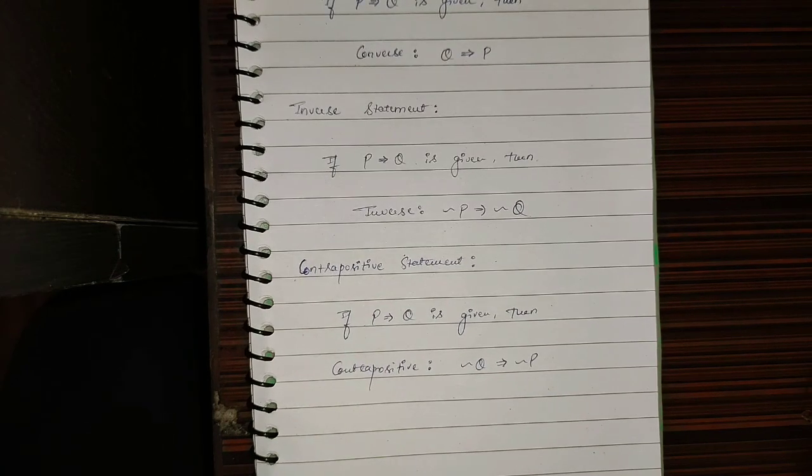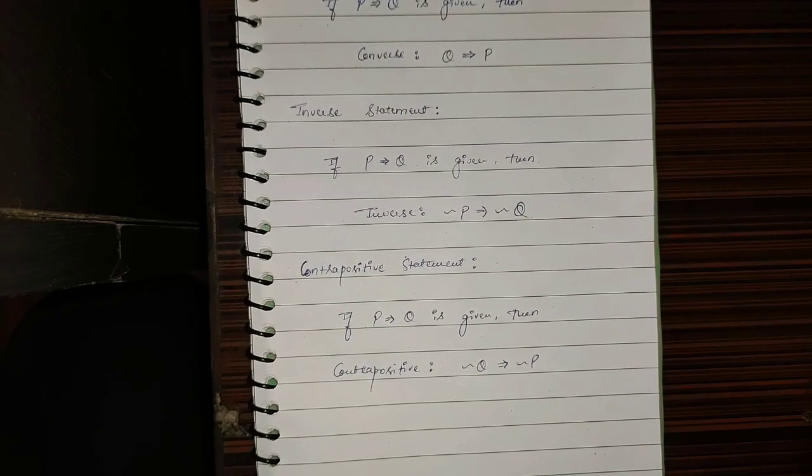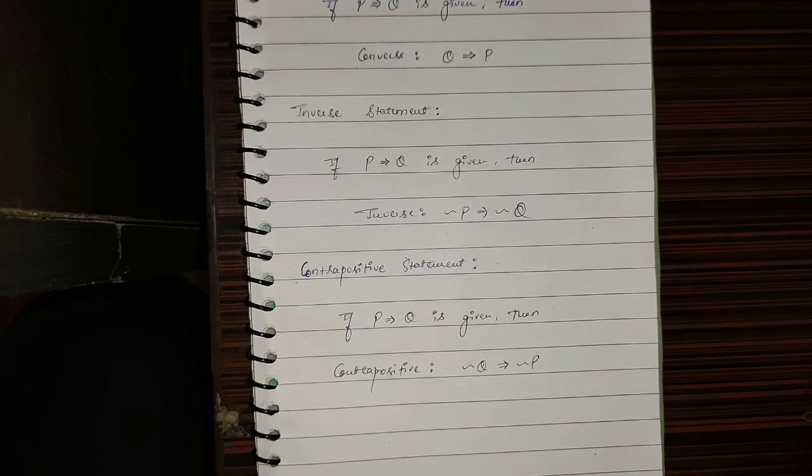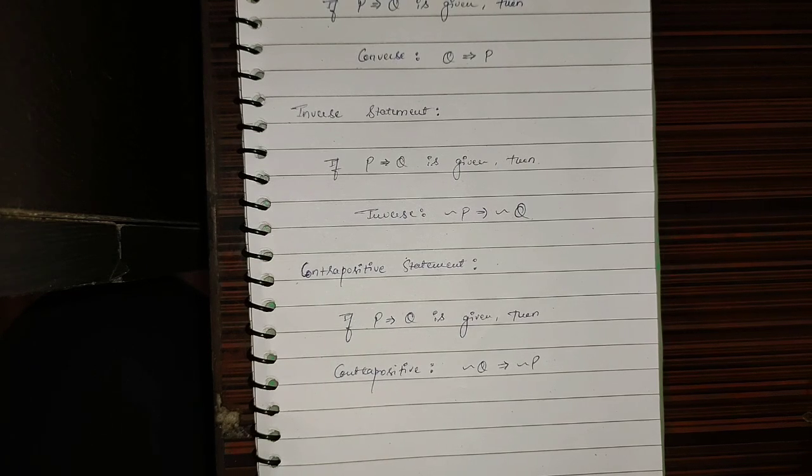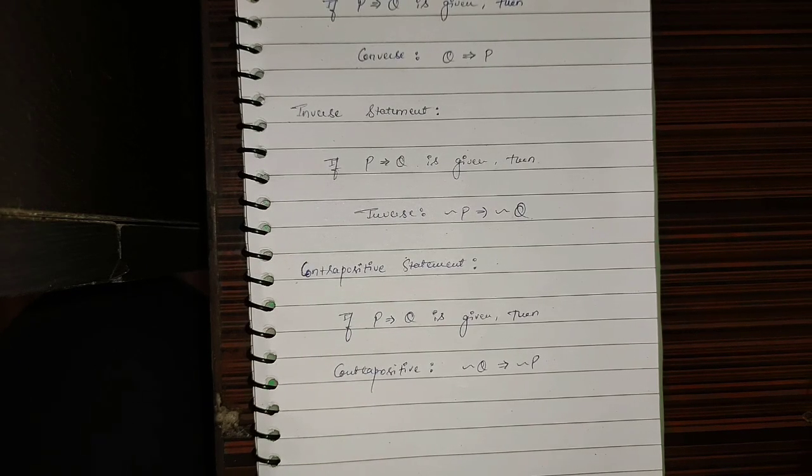The last type of statement is the contrapositive statement. When P implies Q is given, the contrapositive of this statement is written by swapping the order of the conclusion and the hypothesis, and also negating both of them.